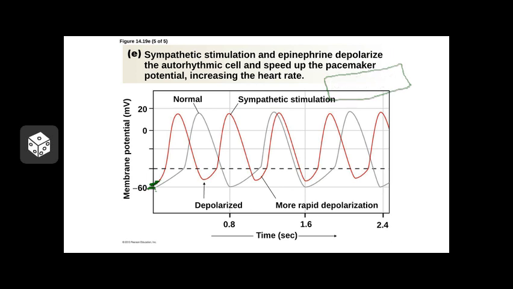That means the time it takes for the drift portion is shorter. It reaches threshold more quickly. Again, the fire phase is the same, but the drift takes less time, and therefore the rate of depolarization is increased. So when we look at epi and norepi, we know the result is an increase in heart rate.